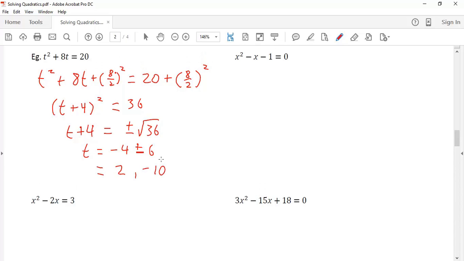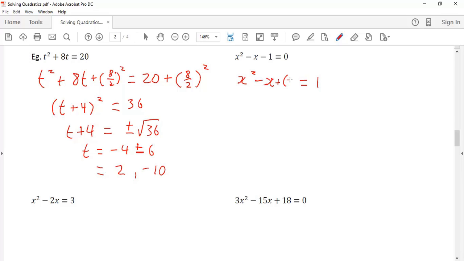Alright, so the next one, we have that 1 there. So what I like to do is I just like to move it to the other side, just to give us room. So I like to write x squared minus x, and I like to leave the gap where we have to complete the square. And if we move that negative 1 over, it's just going to be 1. So now we do it as normal. So we're just going to complete the square. So we add b over 2 to both sides.